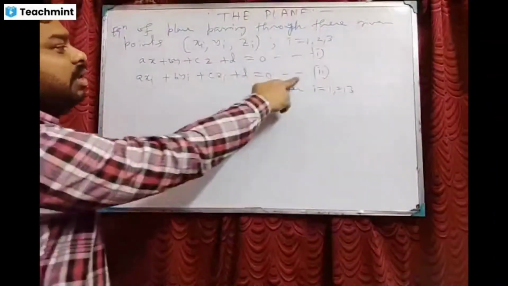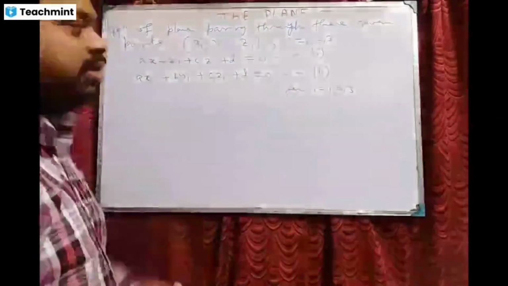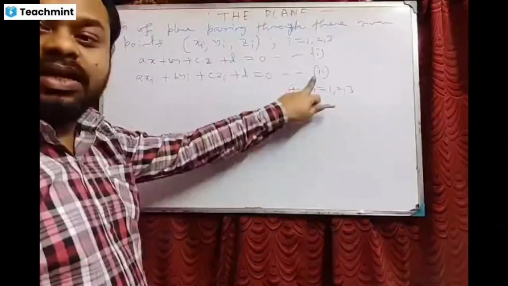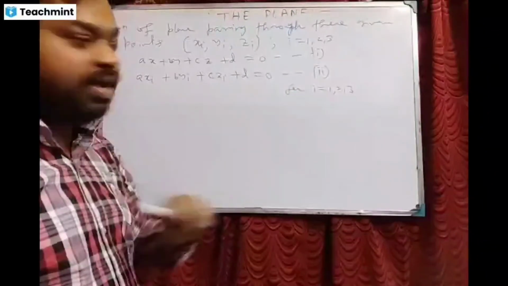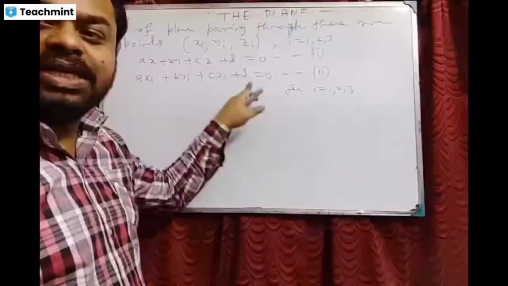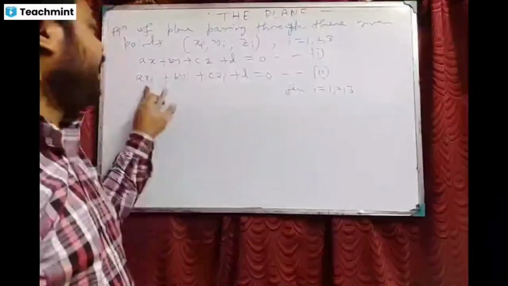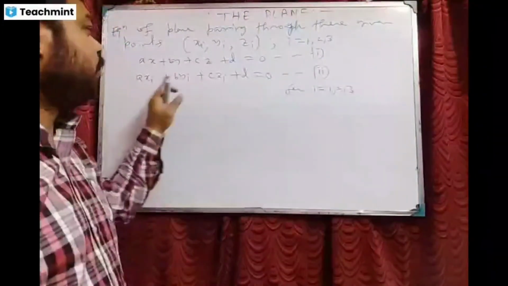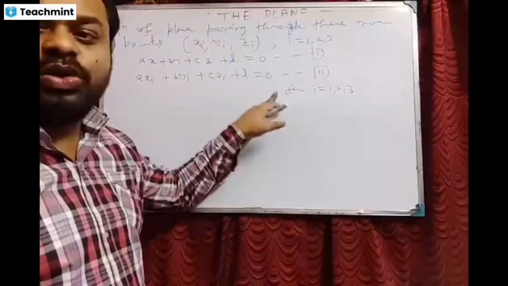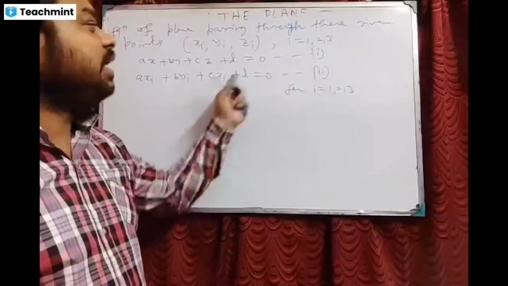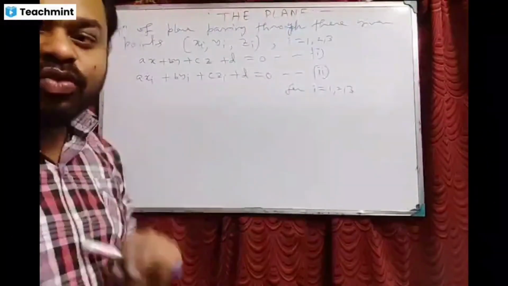Apparently this is one equation, but for i equal to 1 it is ax1 plus by1 plus cz1 plus d equals 0, for i equal to 2, ax2 plus by2 plus cz2 plus d equals 0, and for i equal to 3, ax3 plus by3 plus cz3 plus d equals 0. That means there are three equations, including the first, a total of four equations.